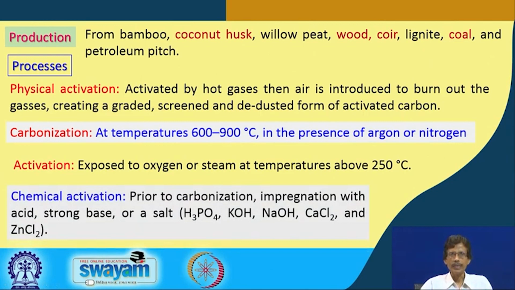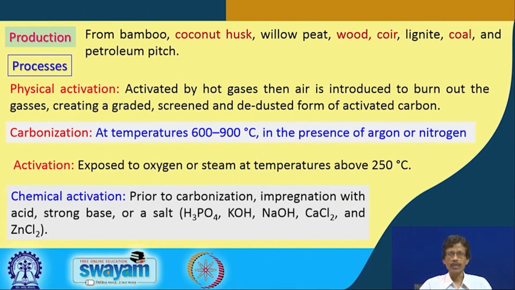Then sometimes we also need a chemical treatment, otherwise your purity is not very high and it is not highly activated, because the level of activation can have different parameters. So if the level of activation is low, we have to go for chemical activation. Prior to carbonization, we can have impregnation with an acid, or a strong base, or a salt.